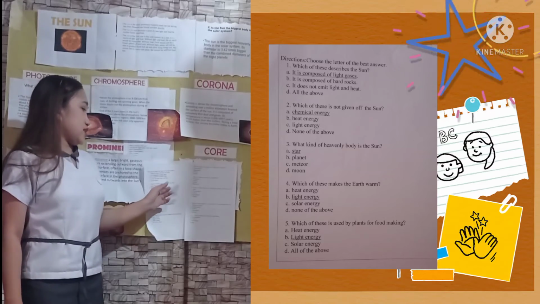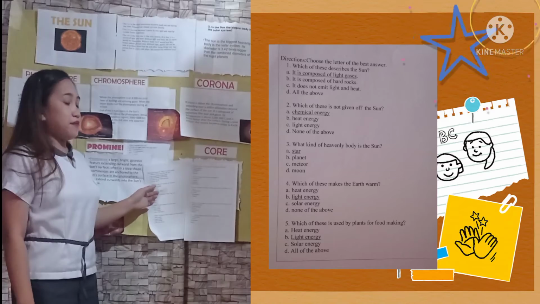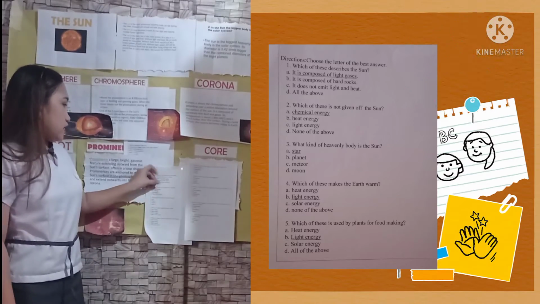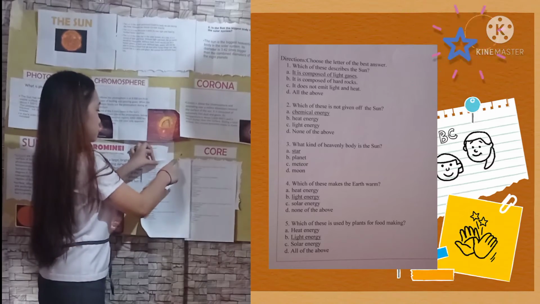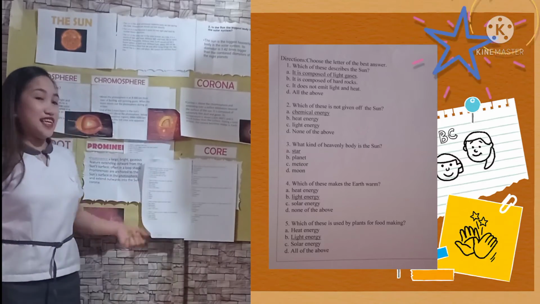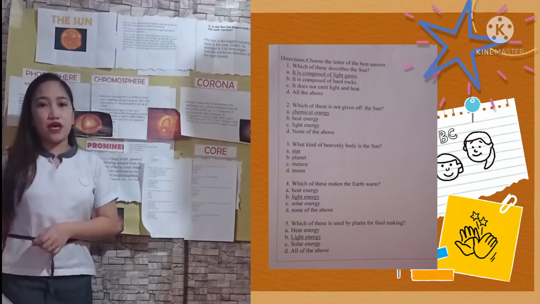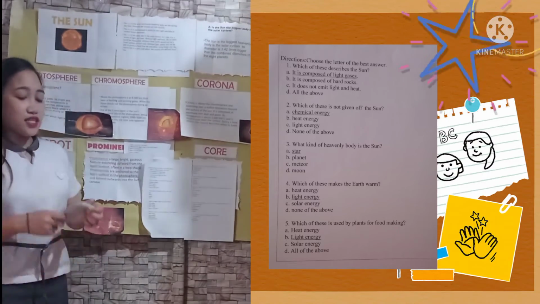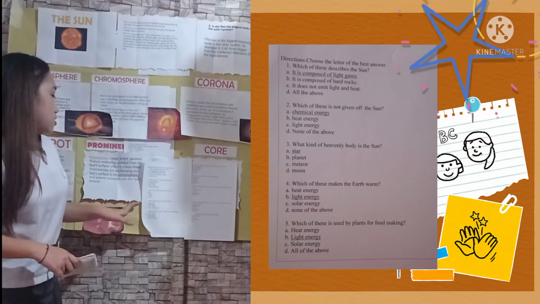Number 2. Which of these is not given off by the sun? Letter A, chemical energy. Letter B, heat energy. Letter C, light energy. And letter D, none of the above. The answer is letter A. Number 3.